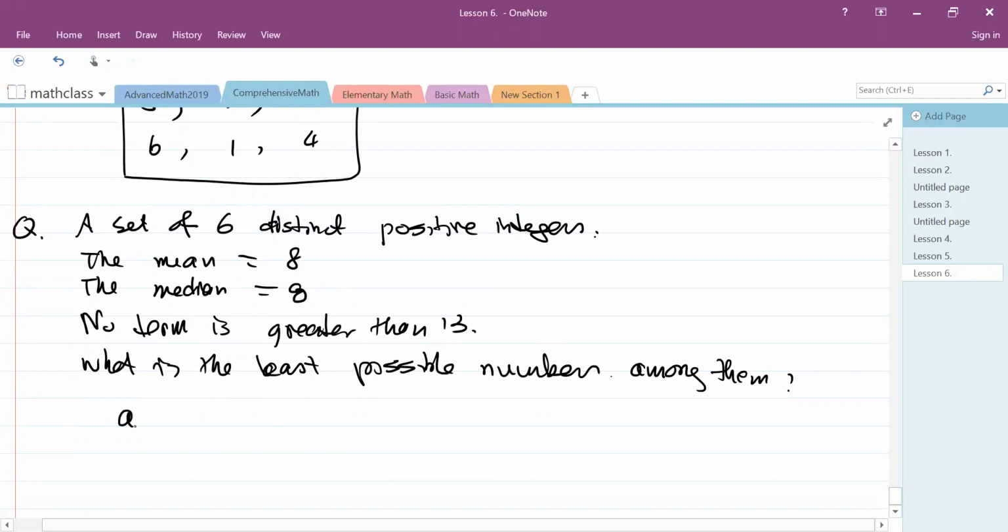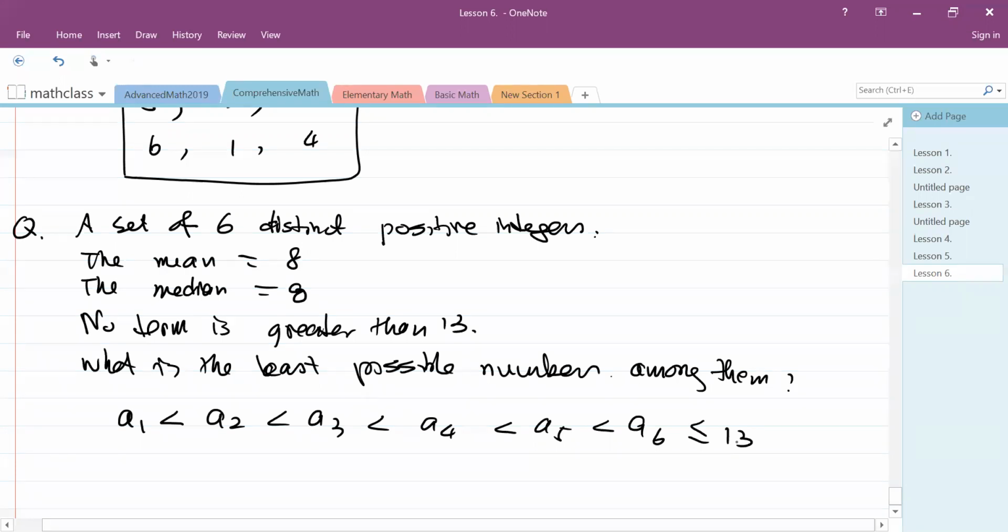I'm going to say A1 less than A2, less than A3, A4, A5, A6, and this should be smaller than 13. We are looking for A1, right? It's possible A1 can be 1 or 2. So there are not many choices there.